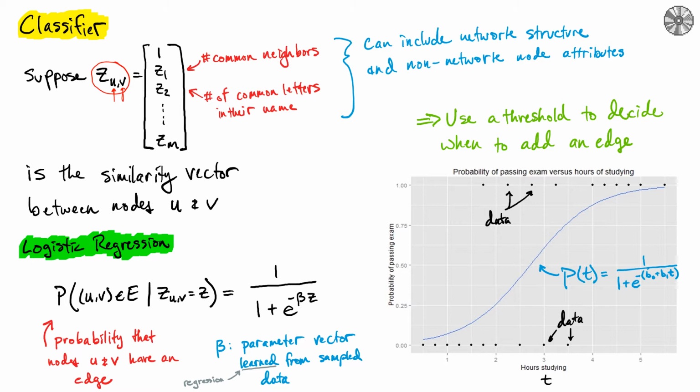And so this vector could be composed of various different statistics about u and v and how they're similar. They could be network statistics, such as whether they have any common neighbors, or similar centrality values, for example.